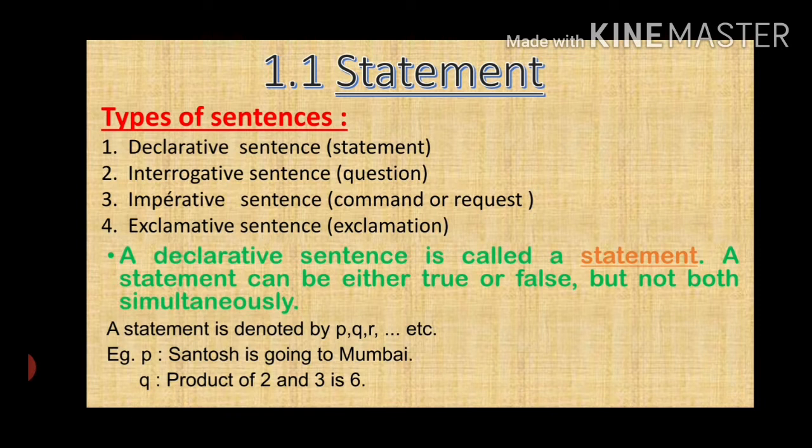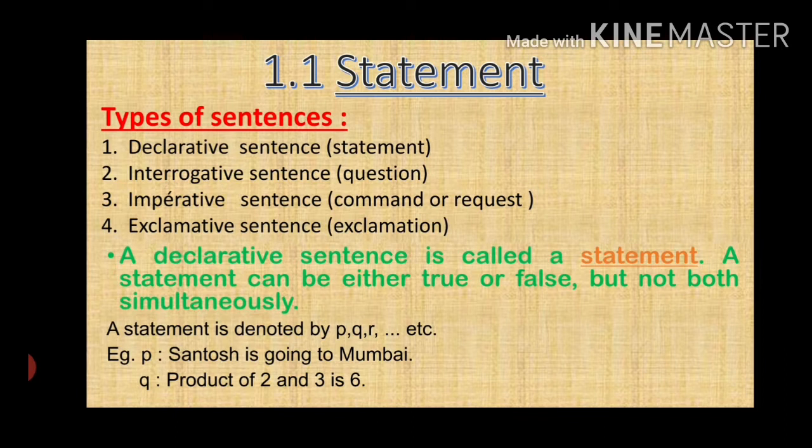It is the sudden expression of feelings, that is the exclamative sentence. So out of these four types of sentences, the declarative sentence, getting my point, is called a statement in logic, correct? So a declarative sentence is called a statement.